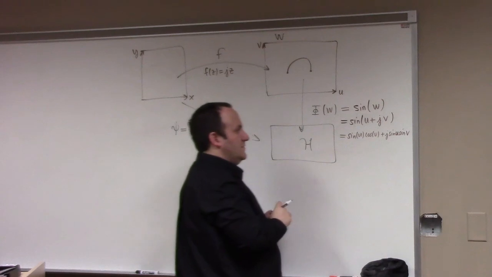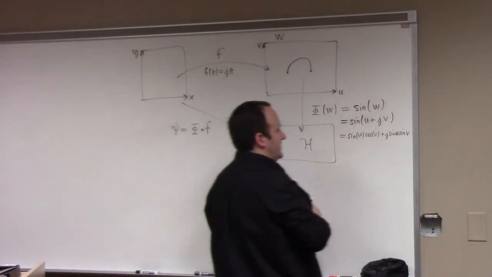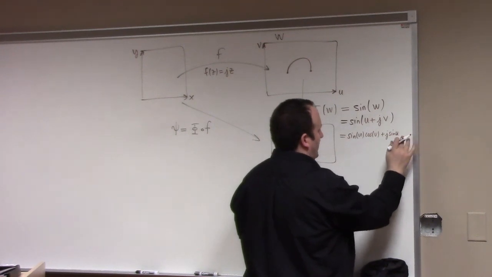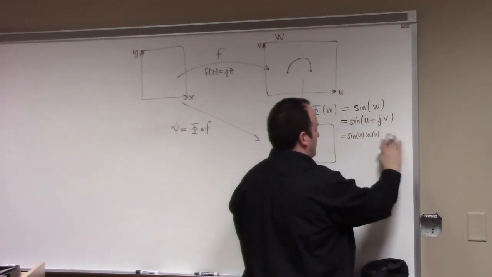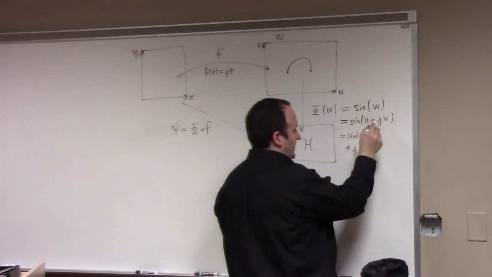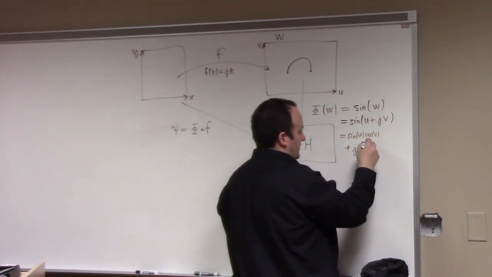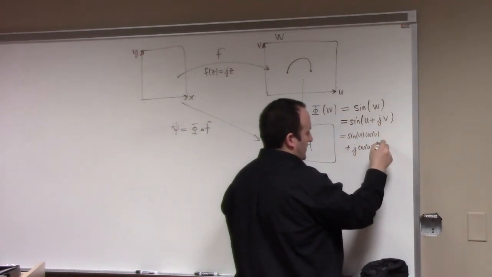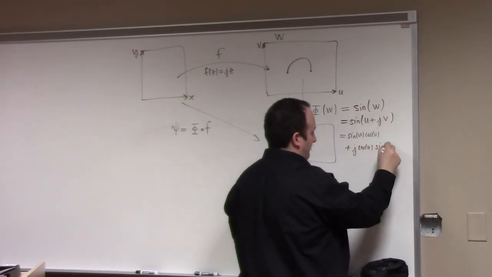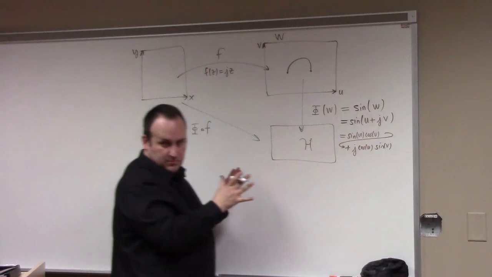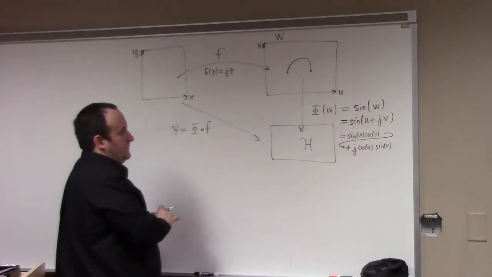I did that wrong. One of those is cosine. The cosine absorbs the j, and then cosine of u, sine of jv, but the j pulls out. Are we good? Great.